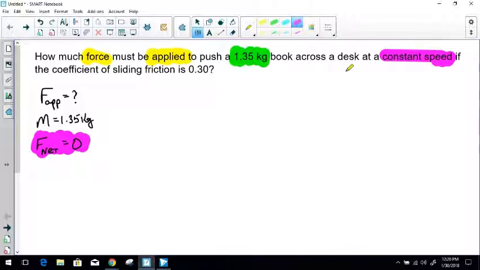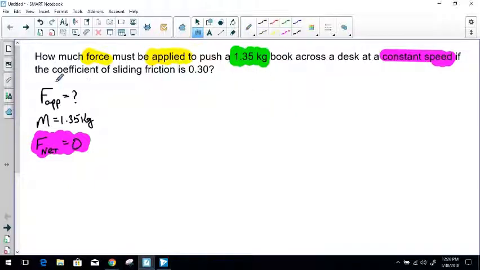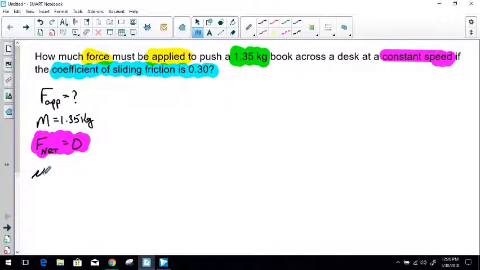If it wasn't a constant speed, then we would have to find a net force because our motion would be changing. We're also given this idea of the coefficient of sliding friction. So we're given this other piece of information. So mu equals 0.30, and this is our sliding or our kinetic friction.